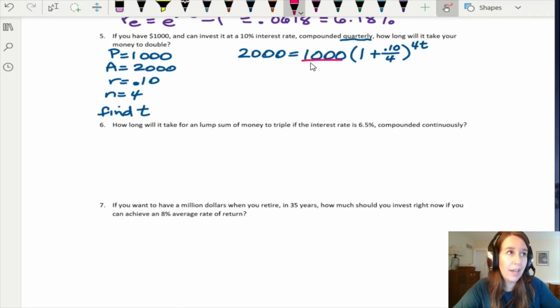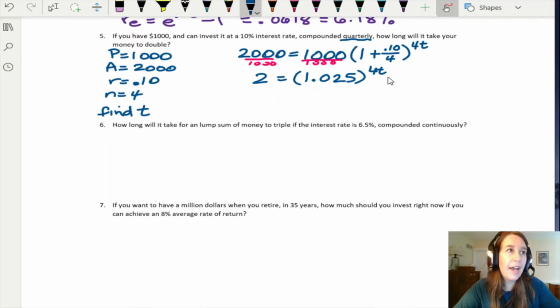So we want to divide both sides by 1,000. So that's 2 is equal to, and then the stuff in this parentheses you can multiply out if you want. 1 plus 0.1 divided by 4 is 1.025, and this is raised to the 4t.